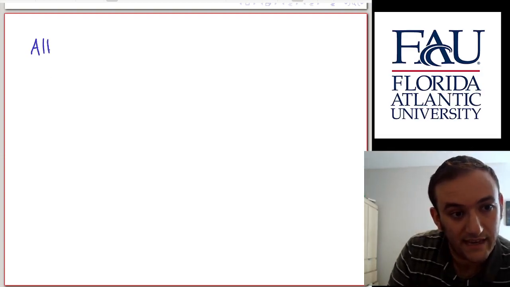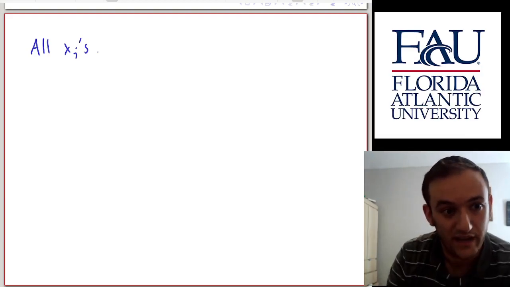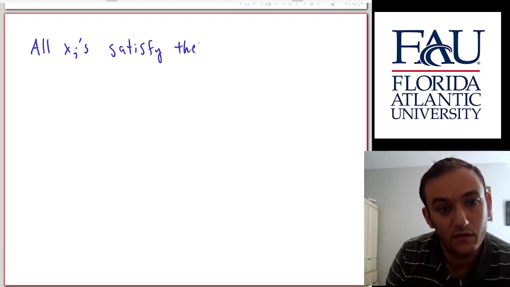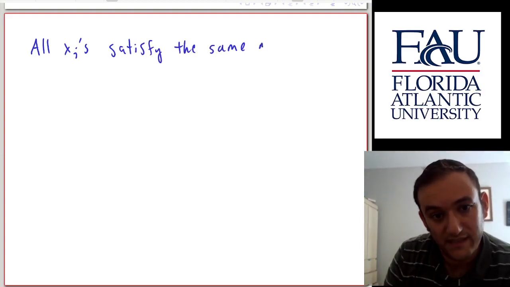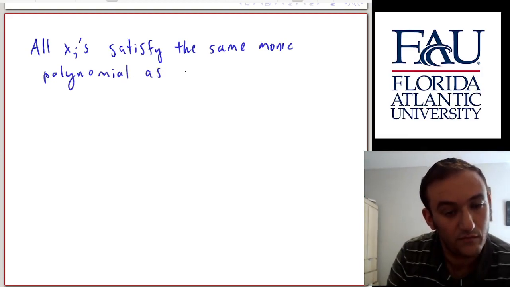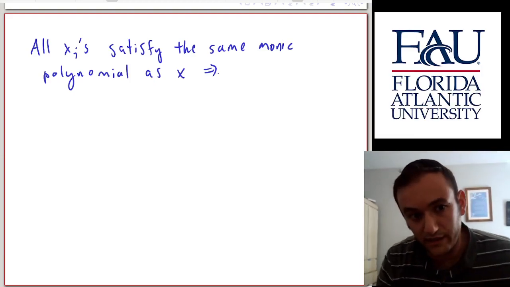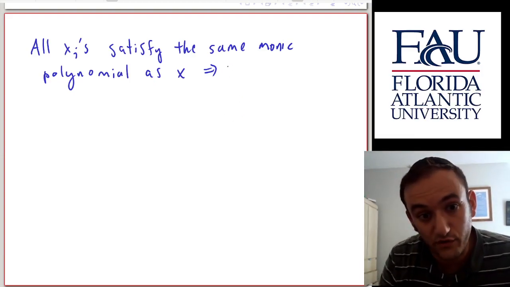All of the xi's satisfy the same monic polynomial as your x, so that means that they're all integral over the ideal.